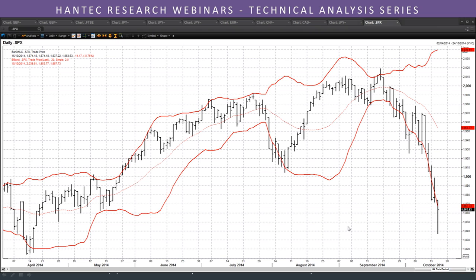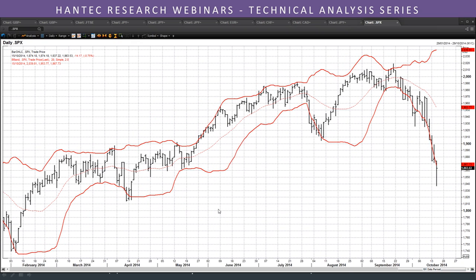But at the moment, it certainly looks like the S&P is still under big pressure to the downside. Yeah, that looks really quite strong to the downside still. So big volatility. Look how wide those bands are apart. So there's no real suggestion yet of any reversal on the Bollinger Bands on SPX.